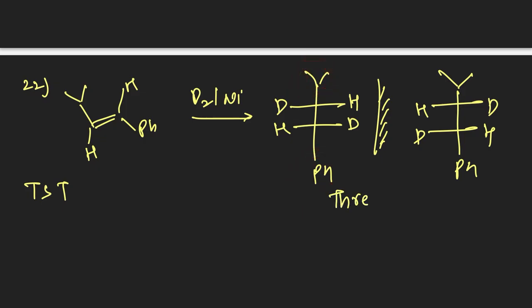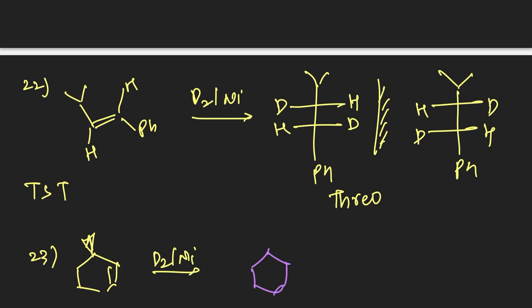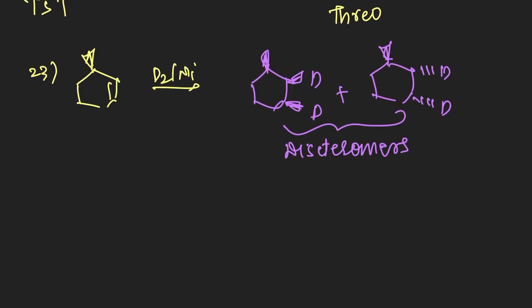We have 23rd question. So when it reacts with D2 Ni, it will be when both the deuterium are on the same side of the methyl group, and both the deuterium are on different sides of the methyl group. So these two are diastereomers. Both these two are diastereomers. 24th.